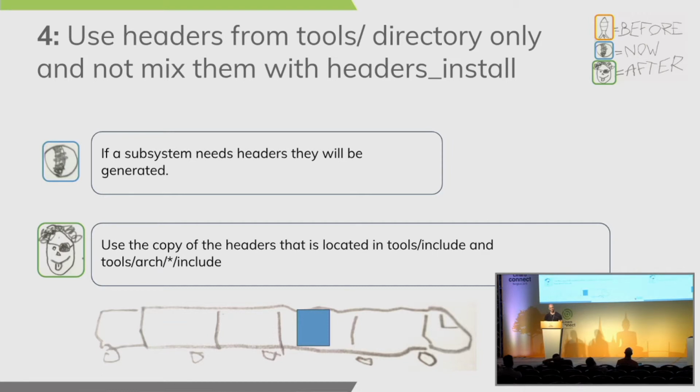Today there are include files that are copied from headers installed into the tools directory, and we mix and match that in Kselftest today. And we need to sort out somehow, either use the tools directory's headers or headers installed.